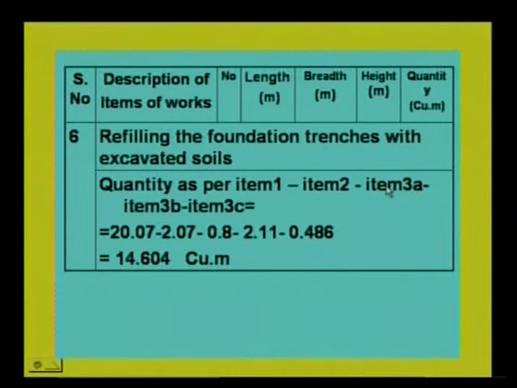Item 3a is the quantity of rectangular portion of the footings. Item 3b is for trapezoidal portion. Item 3c is quantity for columns below the ground level, and quantity of earthwork excavation is item 1. So that is 20.07 minus 2.07 minus 0.8 minus 2.11 minus 0.486. So the total quantity comes around 14.604 cubic meters, and this is the refilling of the foundation trenches with excavated soil.